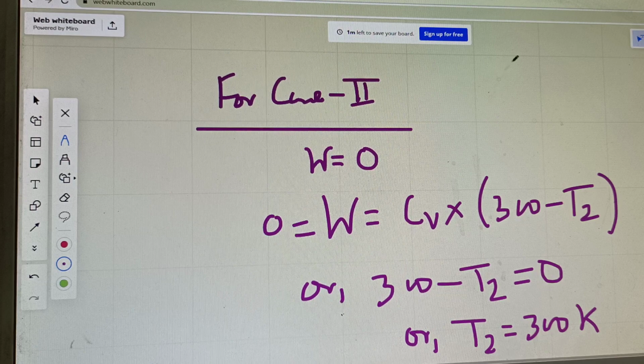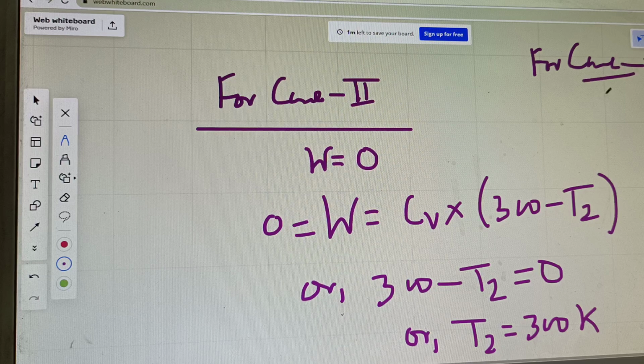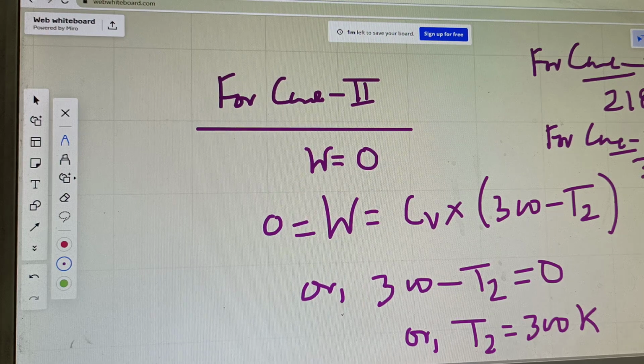So for case 1, final temperature is 218.8 Kelvin, and for case 2 final temperature will be 300 Kelvin. For case 1, W equal to 242 calorie, and for case 2 W equal to 0.